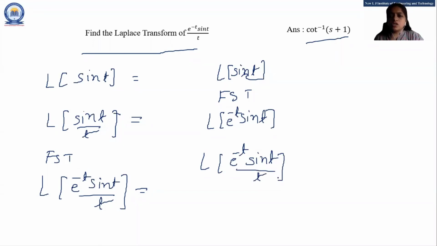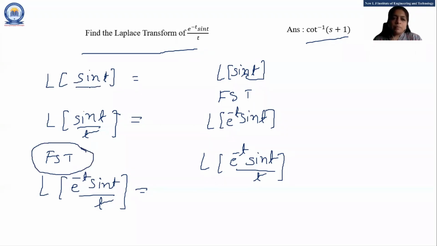In both cases, your answer will be the same. So you may apply the first method or the second method, but as per my advice, you have to go for the first method. For every example, when you apply the first shifting theorem at last, it will be easy, right?